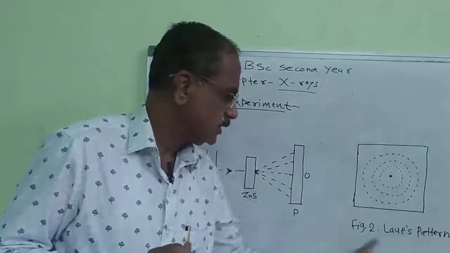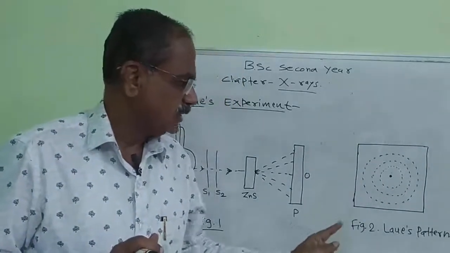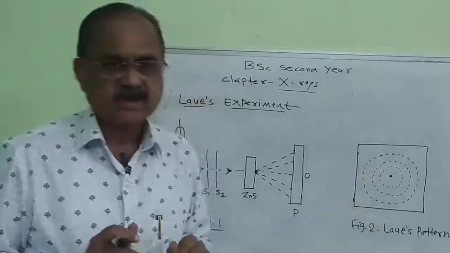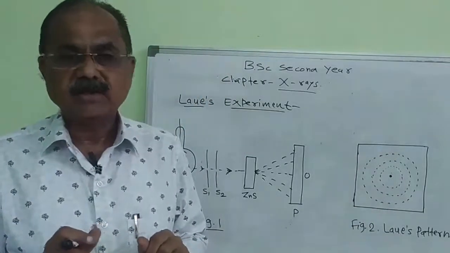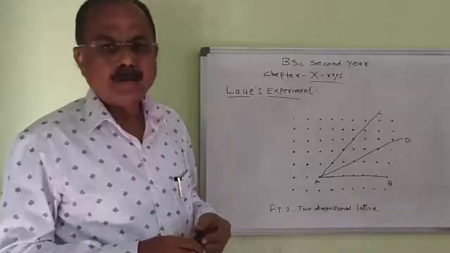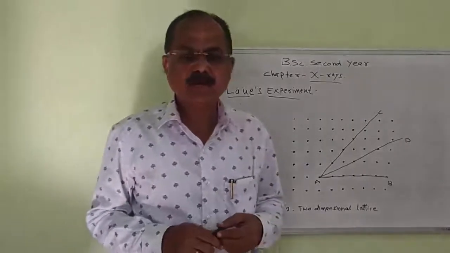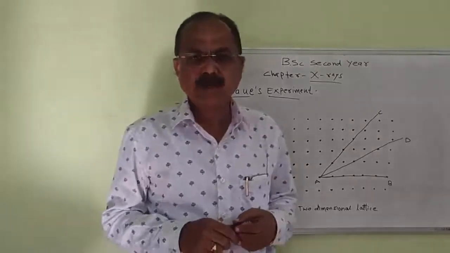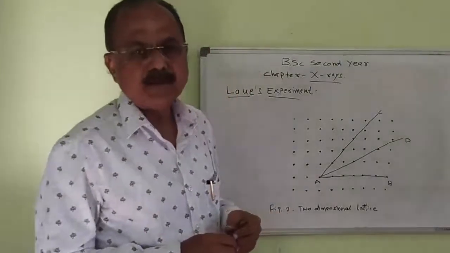So this observed pattern is nothing but the Laue pattern, and these spots are called the Laue spots.